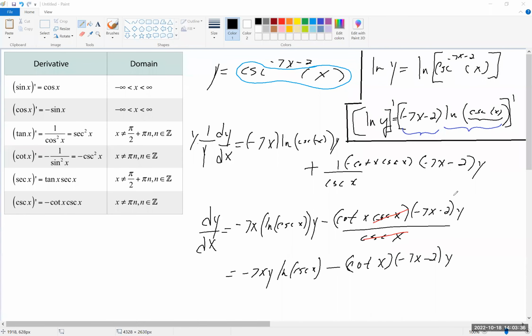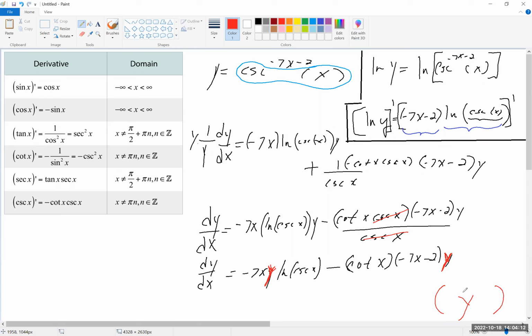Okay, so everything looks fine, except there's one thing to do. This y here and this y here, we're going to factor it out, or I guess we didn't have to multiply it through.